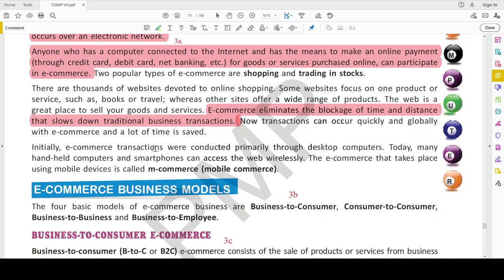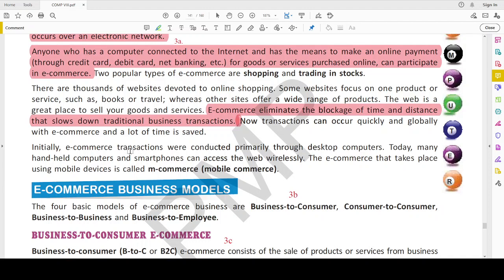They can choose cash on delivery or make a payment and then the items are delivered. Either way, they can place orders very easily with the advent of the web that can be accessed wirelessly with their smartphones and handheld devices.